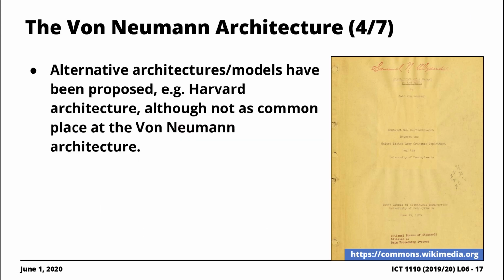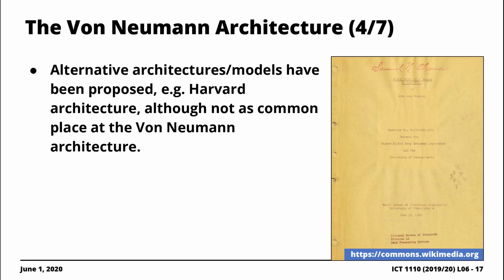But it turns out really that there are other alternative architectures out there. Now, as is usually a tradition in 1110, we normally leave it up to the students to do a bit of digging into this very popular alternative that is normally referred to in literature, the Harvard architecture.